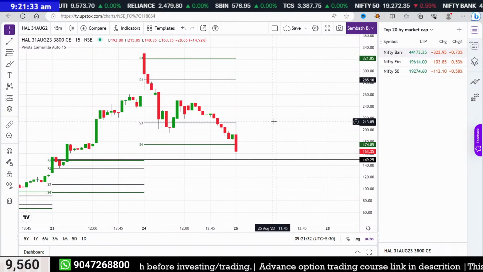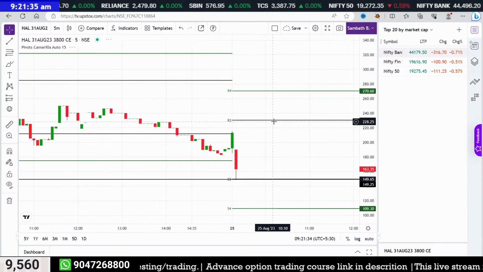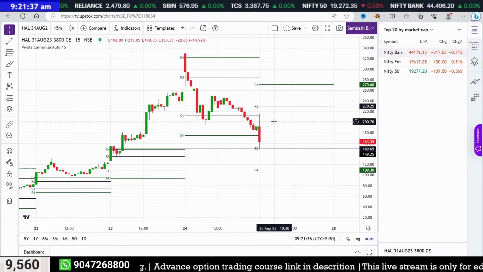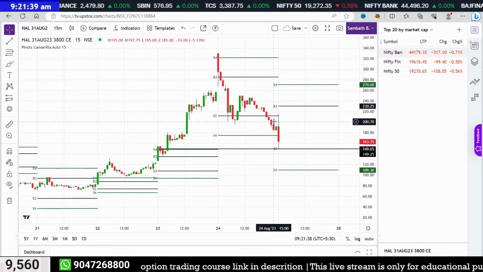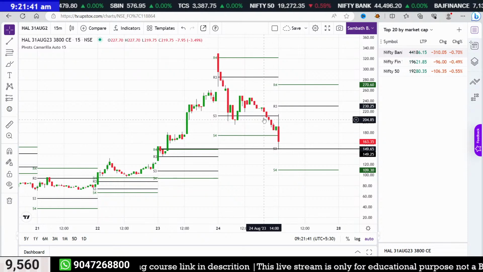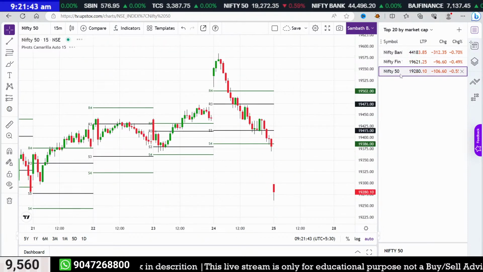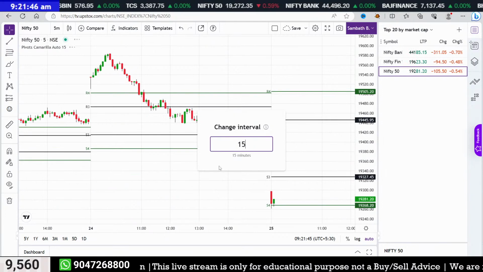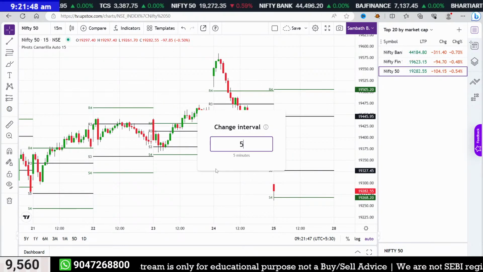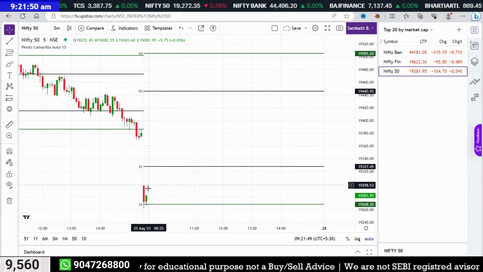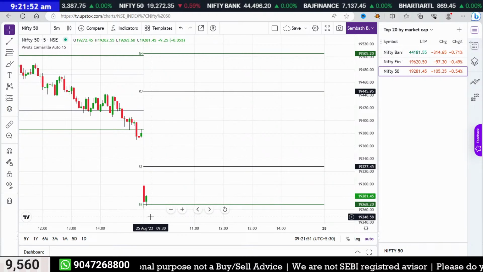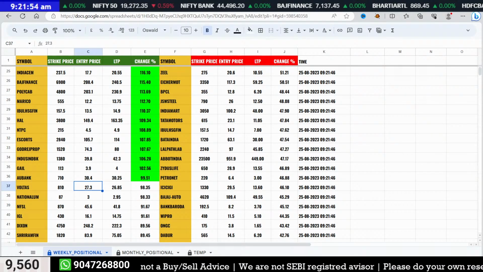Now it has come down and is trading below. Maybe around S3, again 149. So let me wait and see if Nifty recovers from this low, using our camera, so we don't get any reversal at this moment, and our market is struggling at the S3 level.